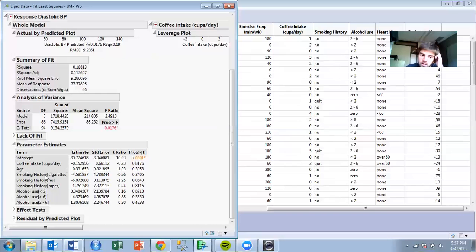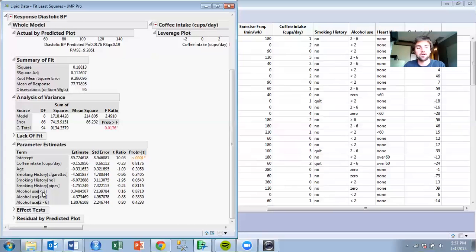Okay, so let's do an interpretation for some of these. So with the categorical variables in JMP, that's comparing to an average. So this negative 4.58 says that if your smoking history is cigarettes, then we would expect that your blood pressure is 4.58 points below the average across any of the smoking categories.